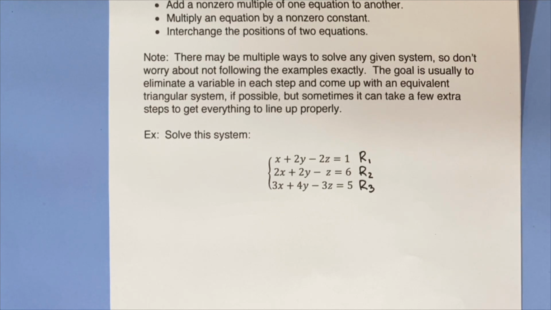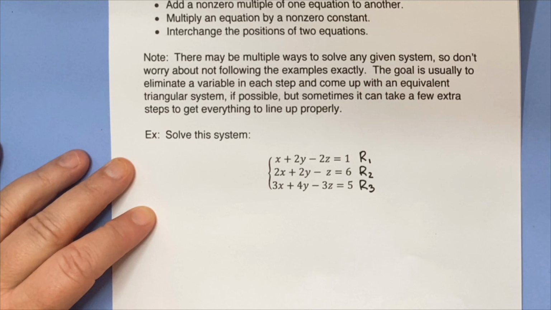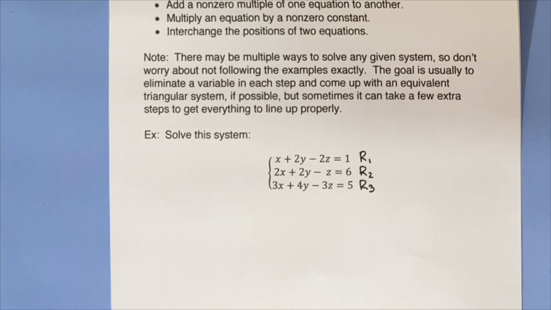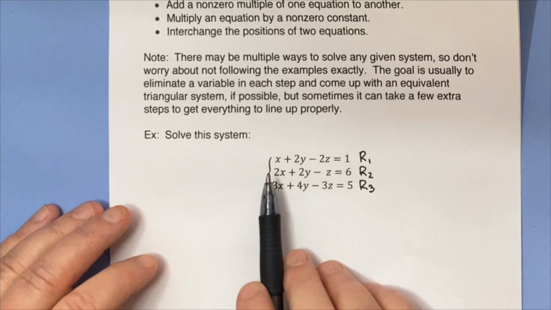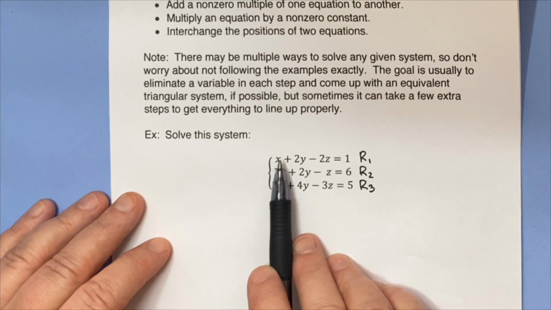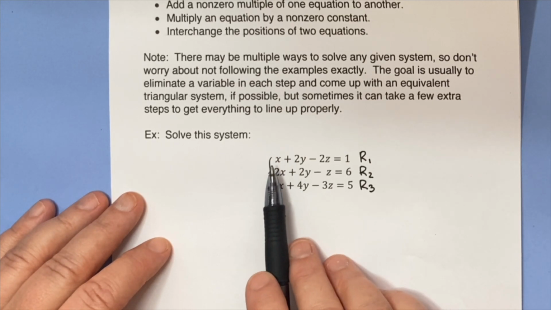I'm going to take a look here and see that I've got an x by itself in that first row.